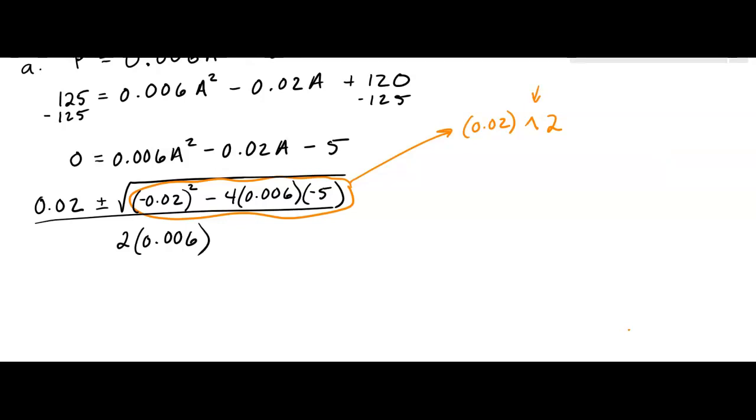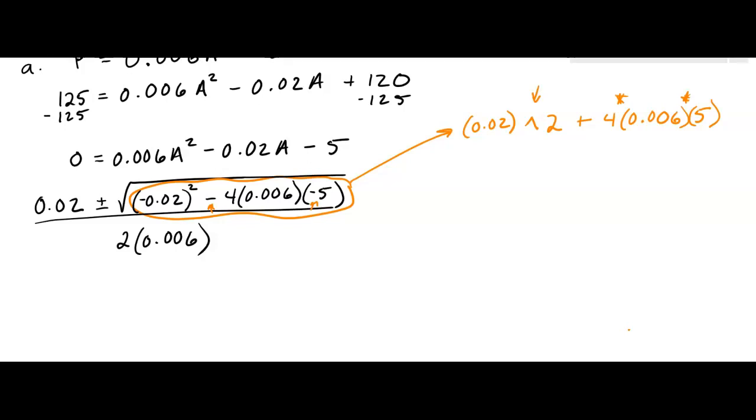And then it's going to be plus. Now why do I have plus? Because it's a negative times a negative. So, and I can put 4 times 0.006 times 5, okay? I probably would use the multiplication symbol here, and usually they use a star to indicate multiplication. Okay, I don't need all the parentheses.